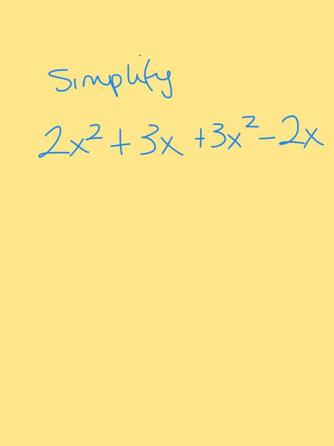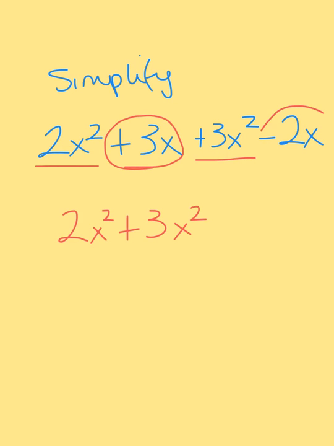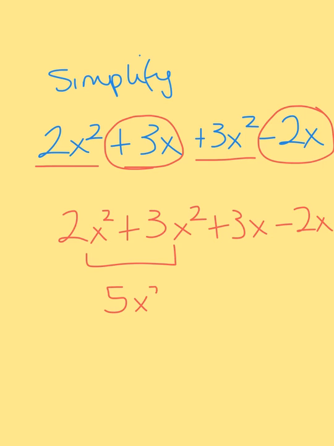Let's look at simplifying the following. First of all, we can see that we have 2x squared plus 3x squared. They're like terms and we can add them together. We also have plus 3x and minus 2x, which are like terms. That then gives us 2 plus 3 gives me 5x squared.